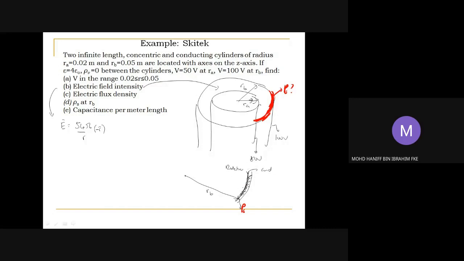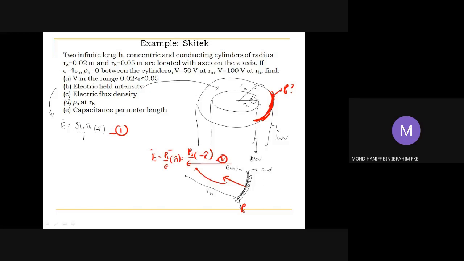As we have learned, the electric field will only exist in the dielectric in this direction, which can be calculated by rho s over epsilon in the direction of the normal. Because the direction is inward, that should be rho s over epsilon in the direction of negative r. This is equation number 2.